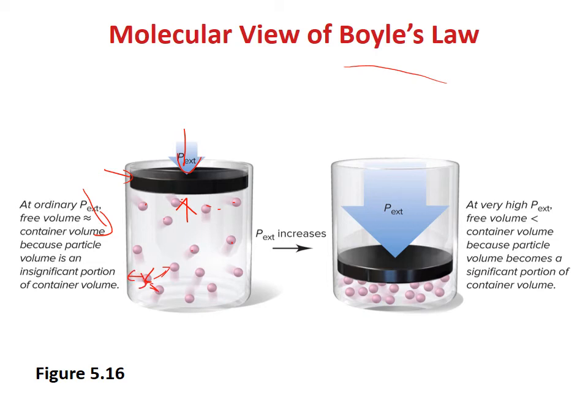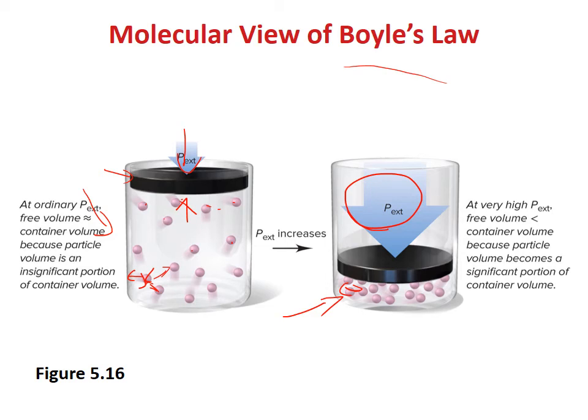As external pressure increases at a constant temperature, the average distance between the molecules and the walls decreases, and so the sample volume decreases.